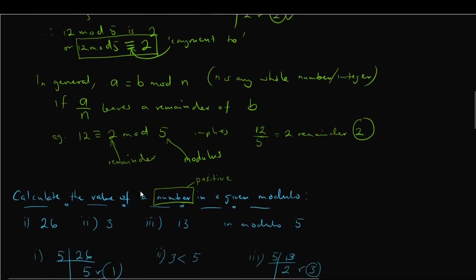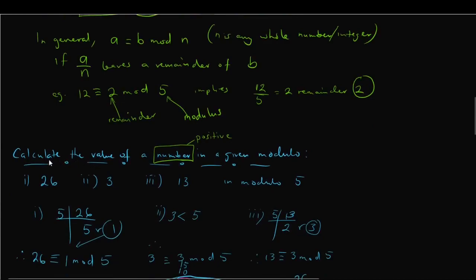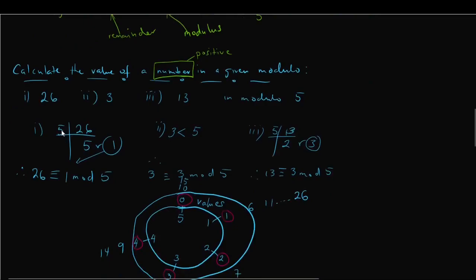Okay. Now let's see some examples. Calculate the value of the number, in this case positive numbers, in a given modulo. So we are going to find the numbers 26, 3, and 13 in modulo 5. So what we do is we simply divide the number by the modulus, which is 5, and then we take the remainder. So 26 is congruent to 1 mod 5. As simple as that.